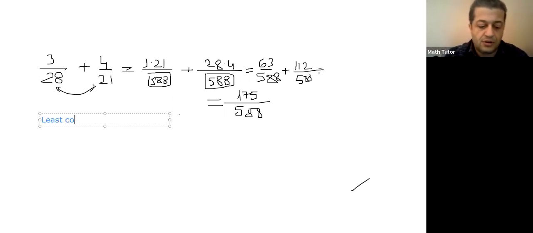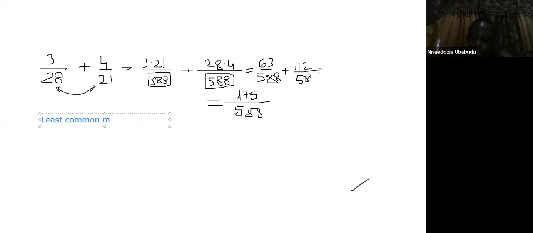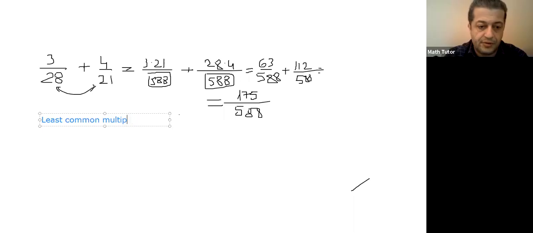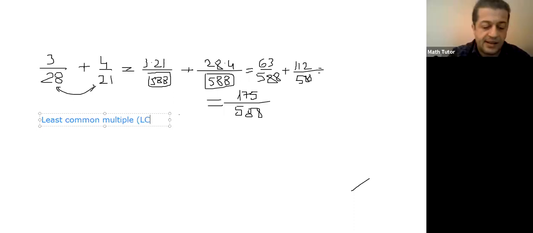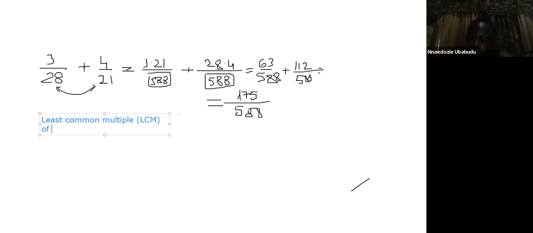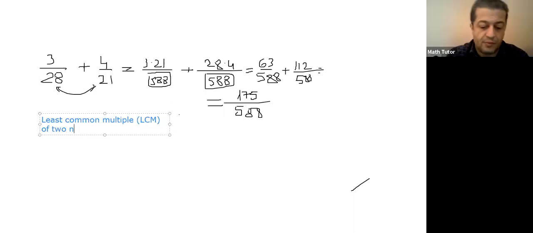Least common multiple, in short, it is written as LCM in your books.